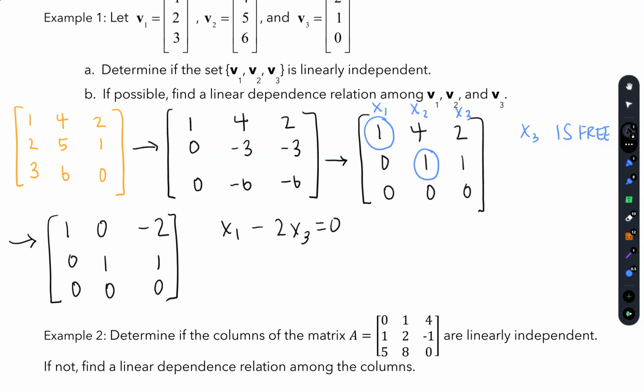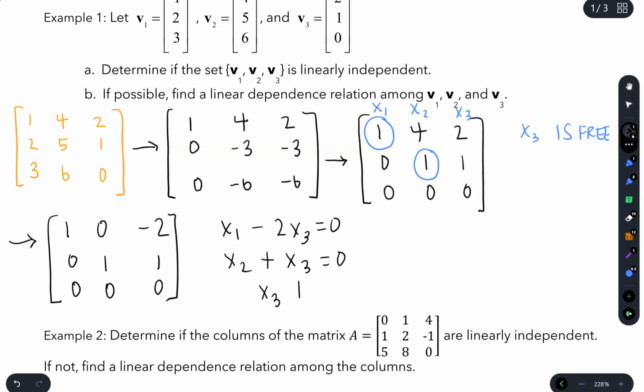I left that out, right? So just make sure that you're not saying that x1 is equal to -2. We left it as a coefficient matrix. And then the next one represents that x2 plus x3 is equal to 0. And then the last one is that x3 is free. Do y'all agree with that?